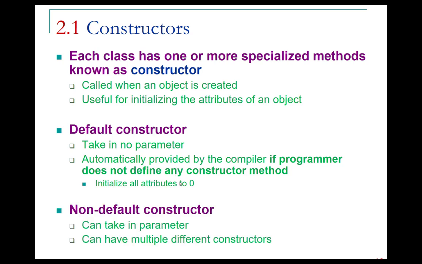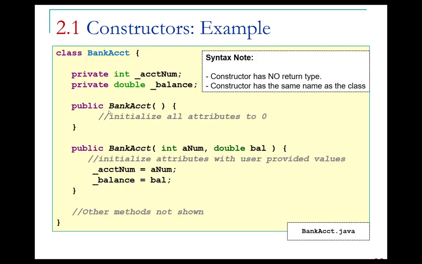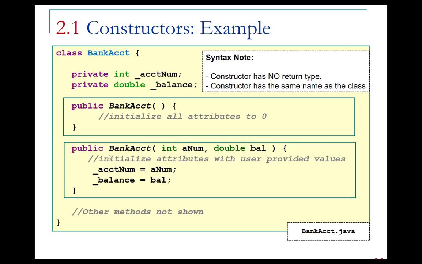If needed, one can provide more than one constructor to deal with different kinds of parameters or different kinds of initializations. Here is our bank account example again. We have put in two constructors, this one and this one. Notice that a constructor method has to be public so that it can be used from outside the class.